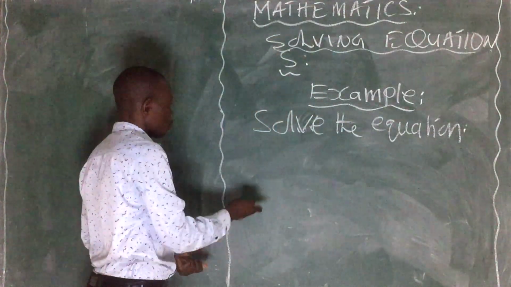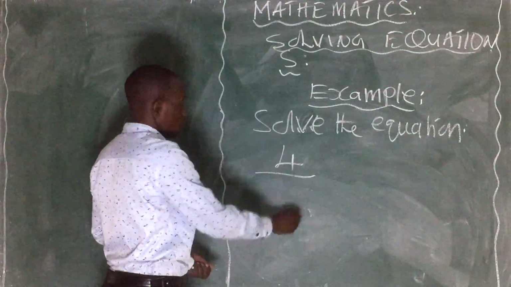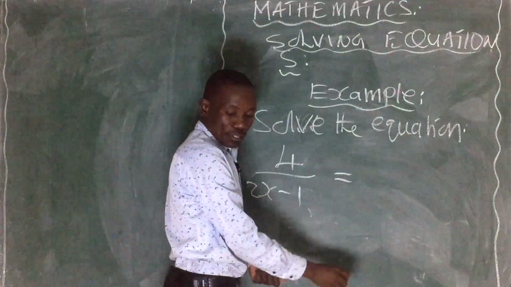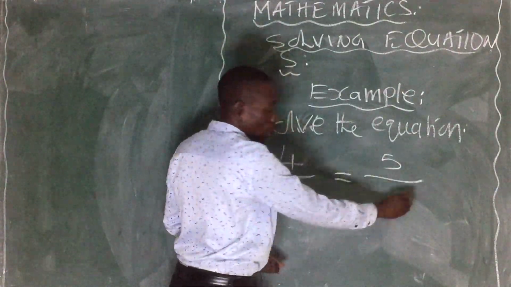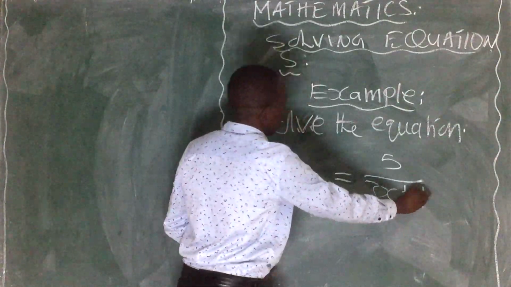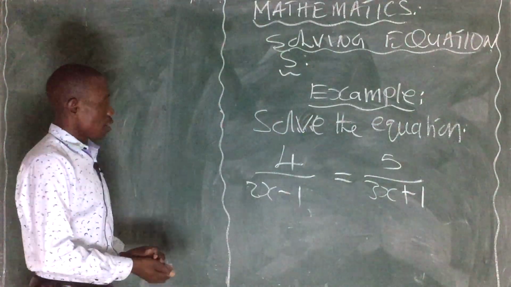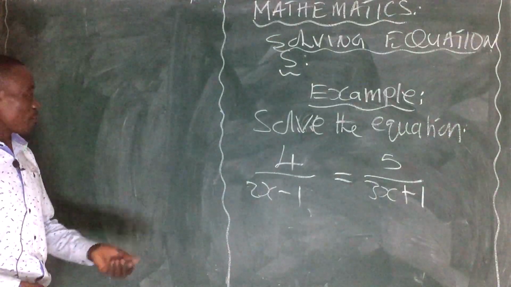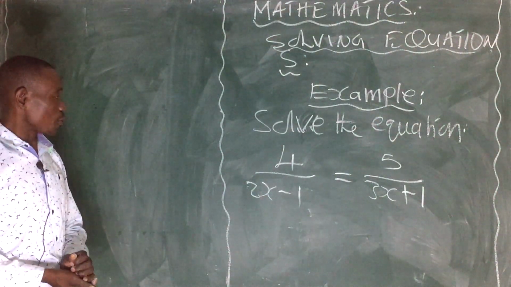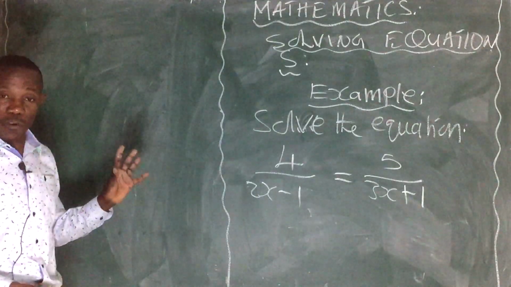I've got the first fraction, 4 over 2x minus 1, is equal to 5 over 3x plus 1. So what we have here is just about finding the value of x, a variable x. Remember, as we solve the equation, we are interested in the value of the particular variable.